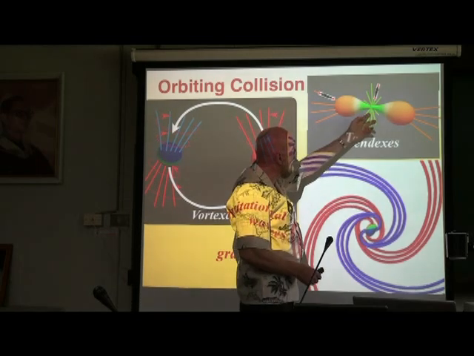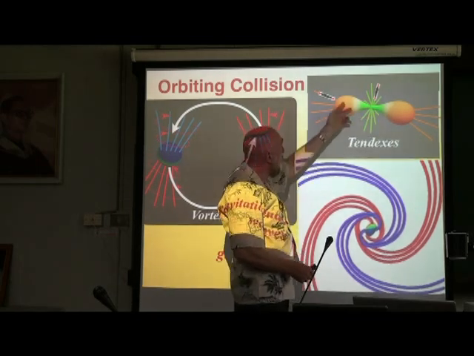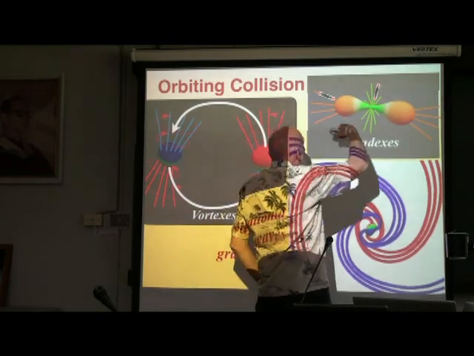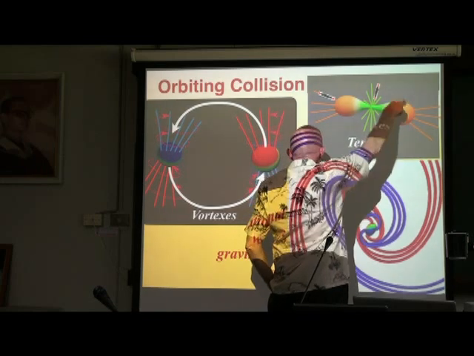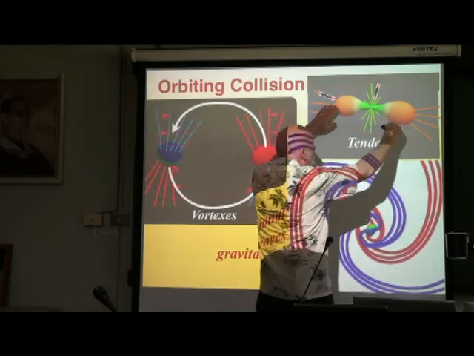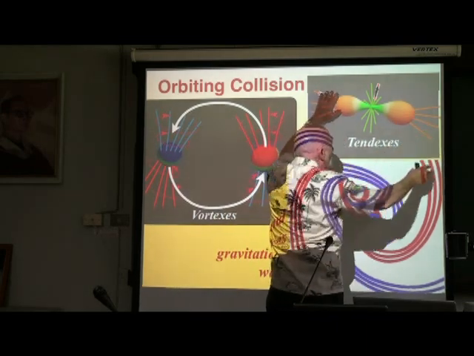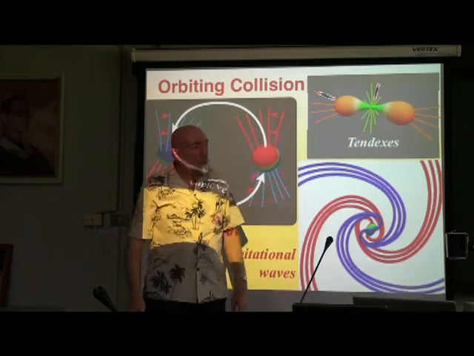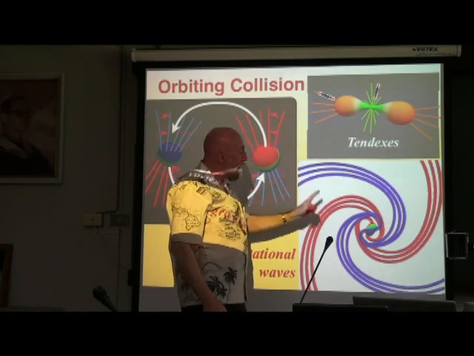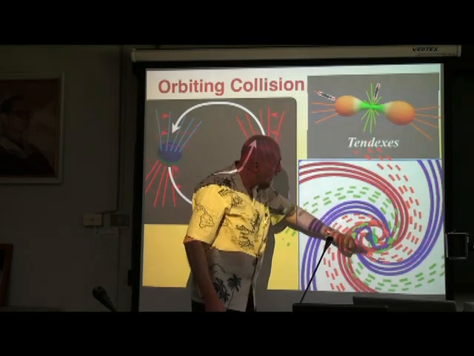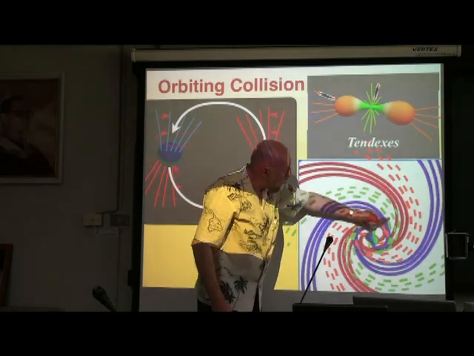So there's a squeezing Tendex around the middle, and stretching Tendexes there. And as this merged black hole turns, due to the orbital angular momentum, these Tendexes trail out behind, and they produce gravitational waves. So gravitational waves are produced by the vortexes that stick out through the horizon and by the Tendexes. So here are the Tendexes sticking out of the horizon.